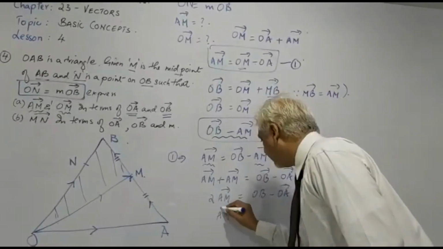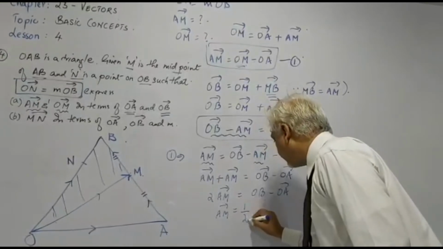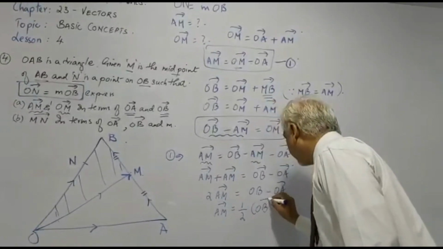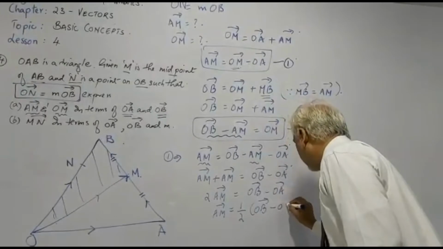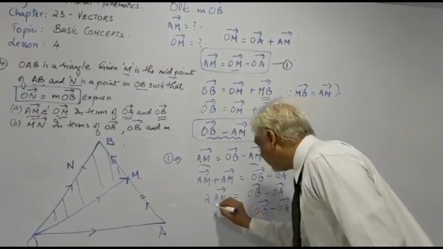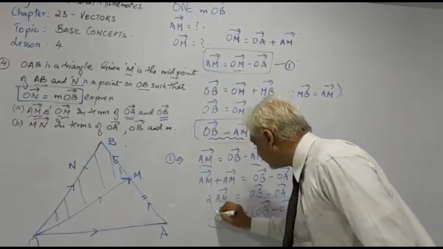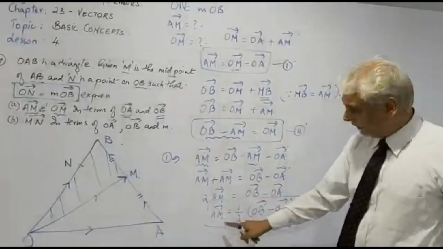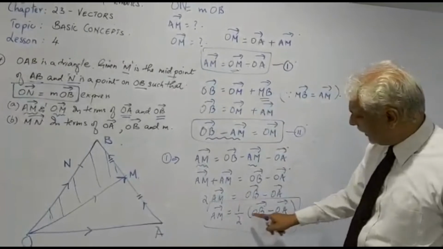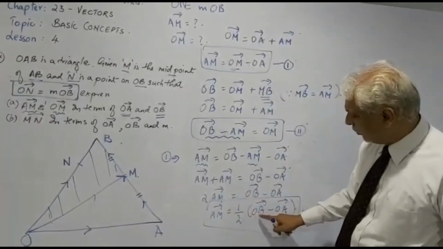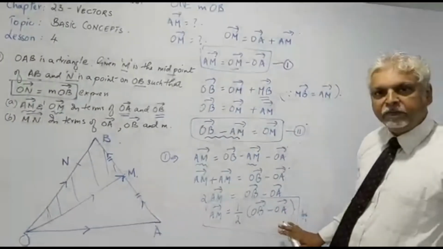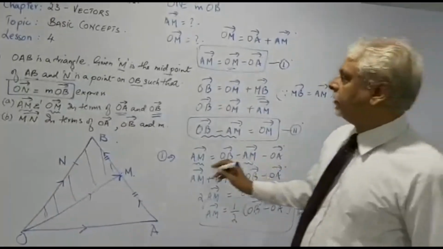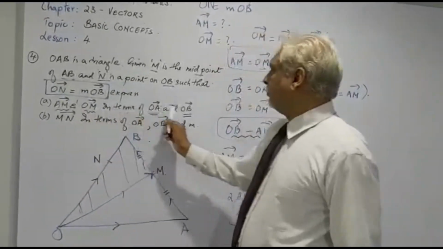So AM will be equal to half of OB minus OA. Hence this is your answer: AM in terms of OB and OA is 1 upon 2 (OB minus OA). We can leave the answer here, because you have to find AM in terms of OA and OB.